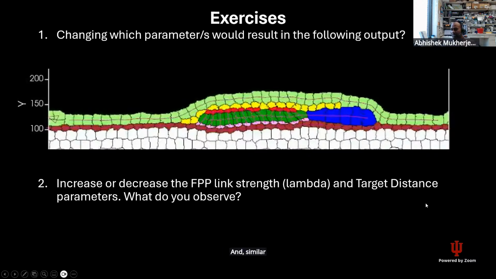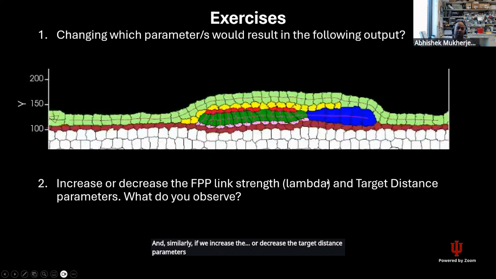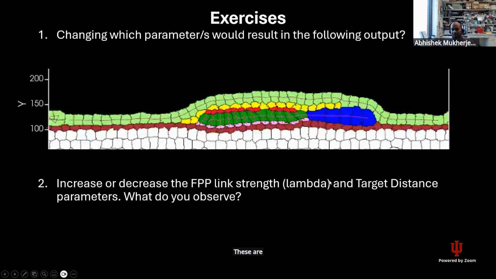Similarly, if we increase or decrease the target distance parameters, then again you have smaller rosettes. So these are things that people can play with in that model.